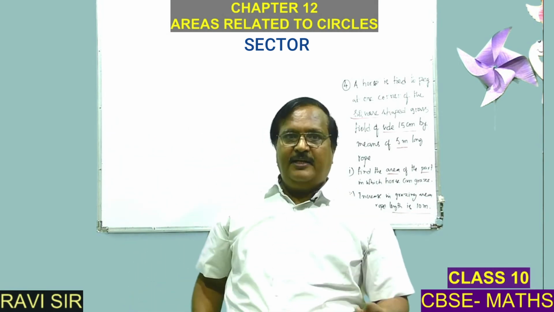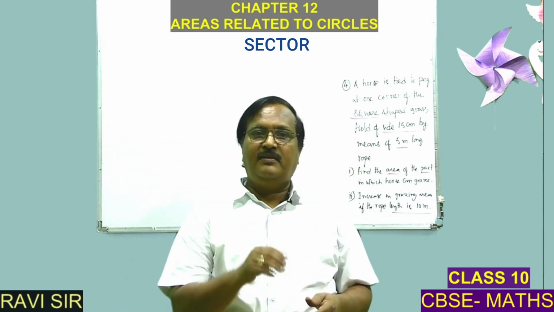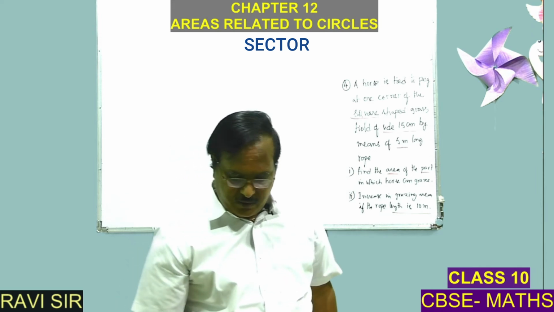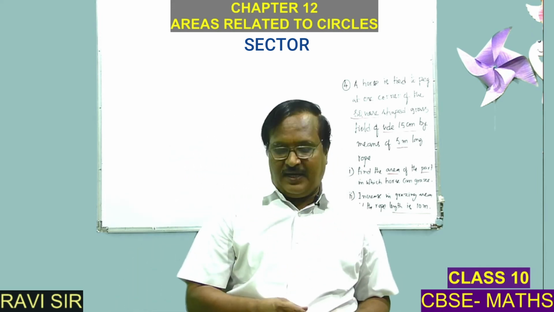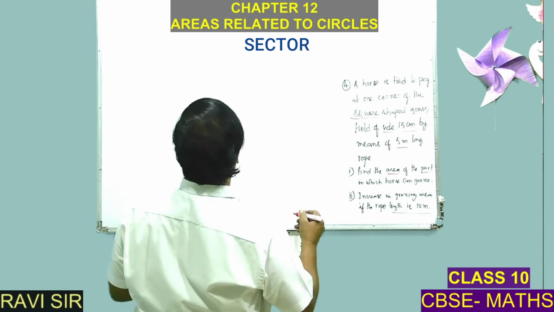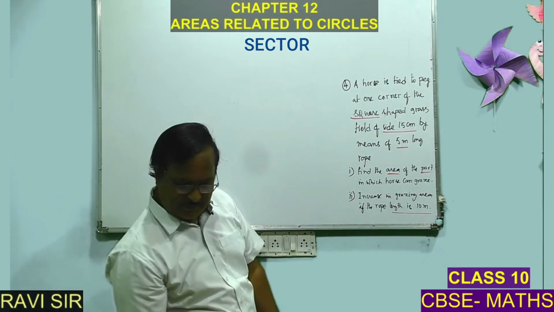So, this is an indirect problem, but this question is also related to the sector. Rather, it is related to the circle. I always advise you to have a diagram. So, let me draw a diagram here.